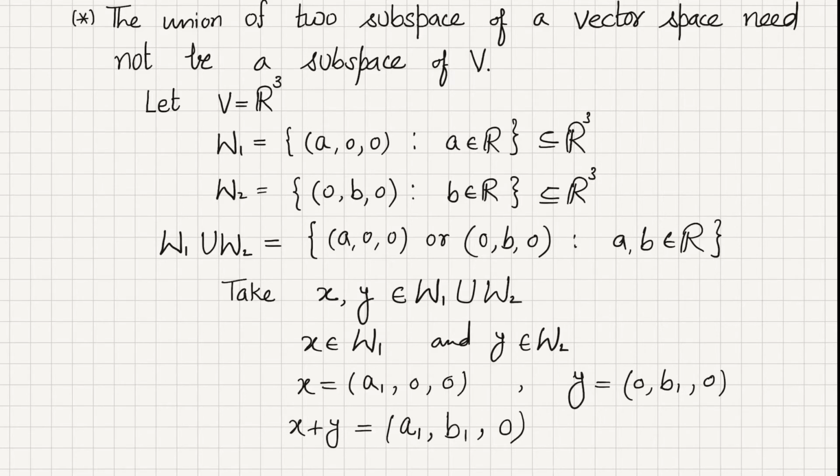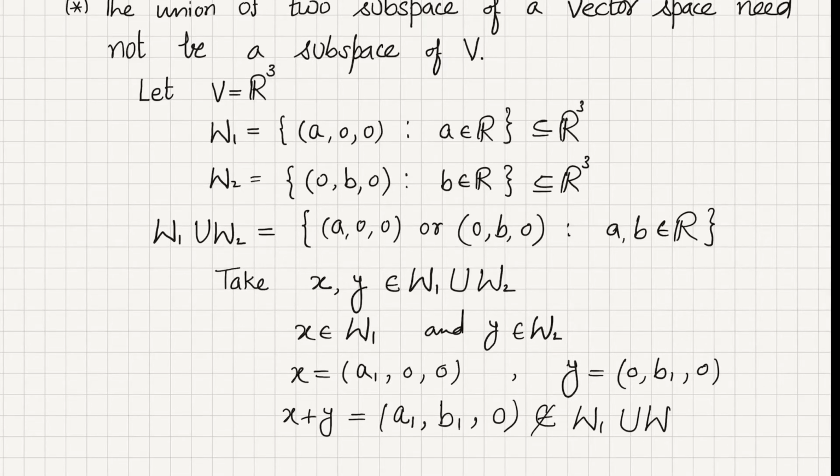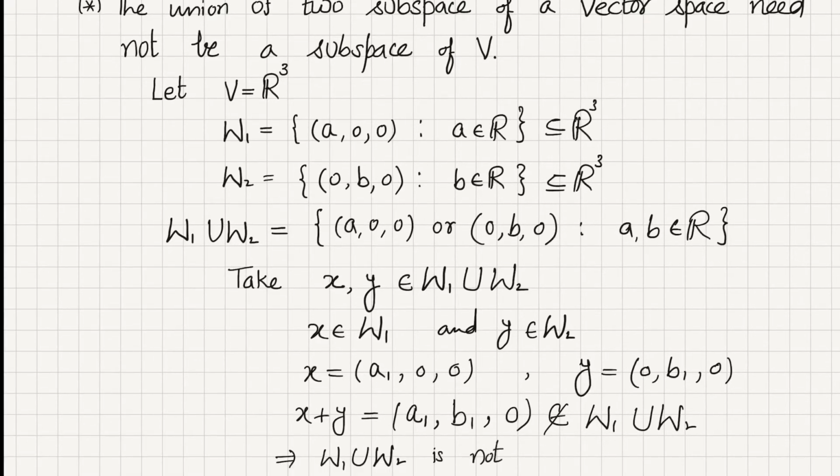But here we have a non-zero entry in both slots, so it will not be in W1 union W2. So W1 union W2 is not closed with respect to addition, so it is not a subspace.